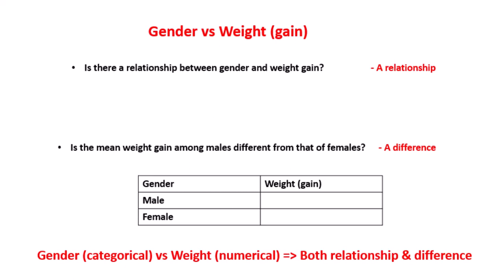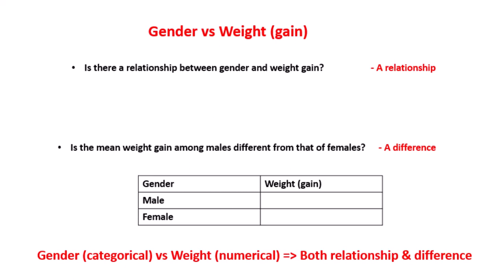But if we flip the coin, the person on the other side may also ask themselves, by twisting just this question a little bit, is the mean weight gain for males different from that of females? If I obtained the average weight gain of males and subtracted it from that of females, would there be a difference, or would the difference be 0 when they are the same?